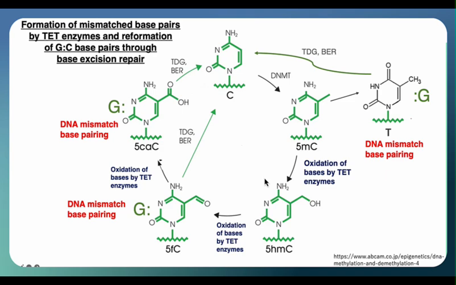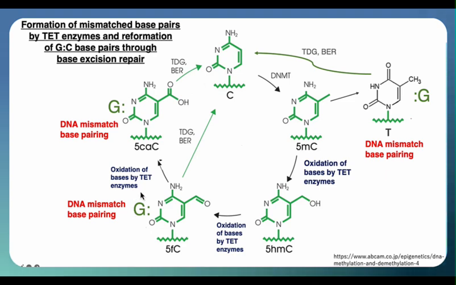When the demethylation system is activated, 5-methylcytosine is converted to 5-hydroxymethylcytosine, 5-hmC, and further to 5-formylcytosine, 5-fC, by TET enzymes that are oxidative enzymes.